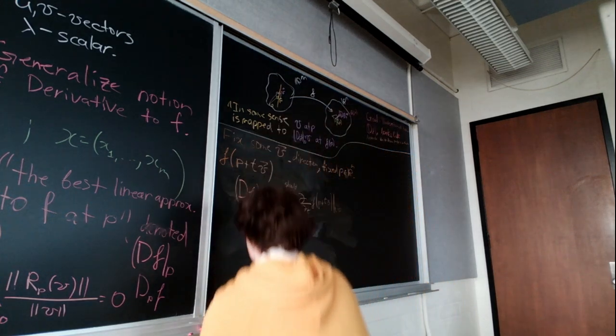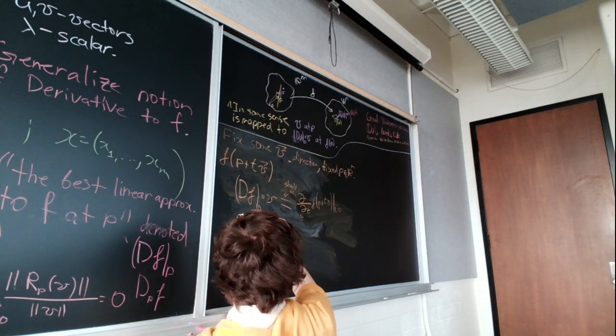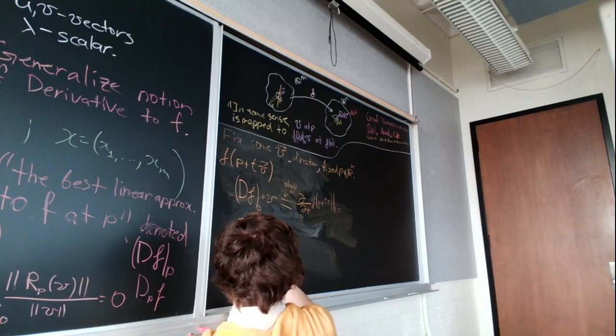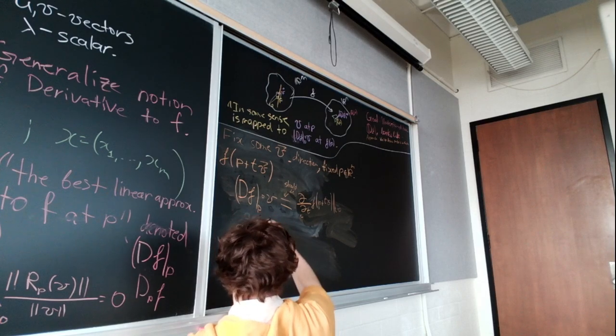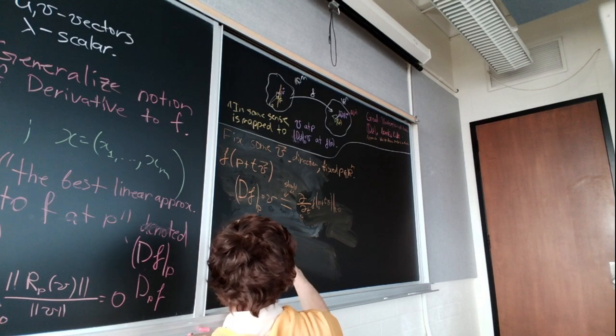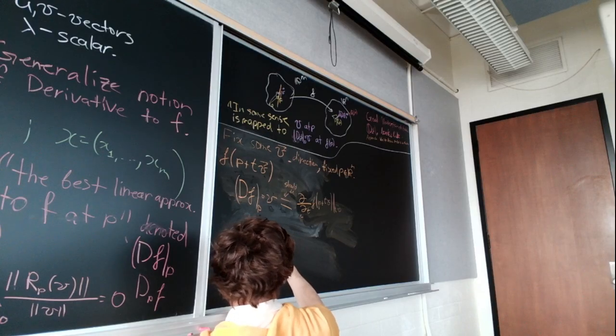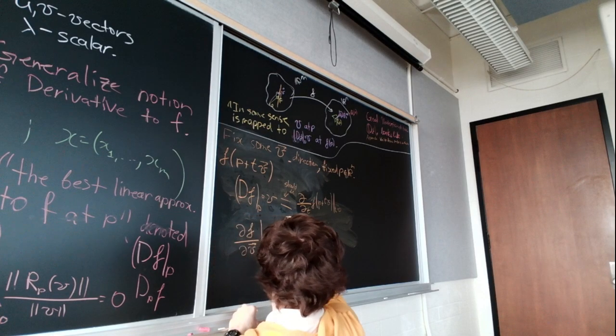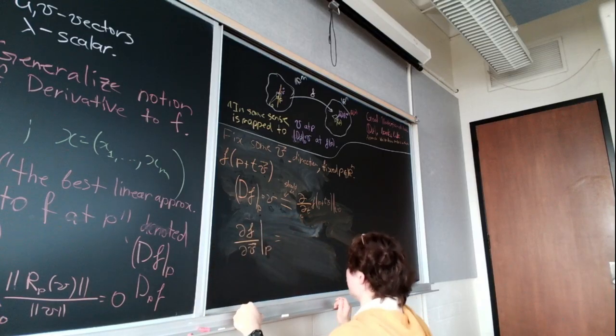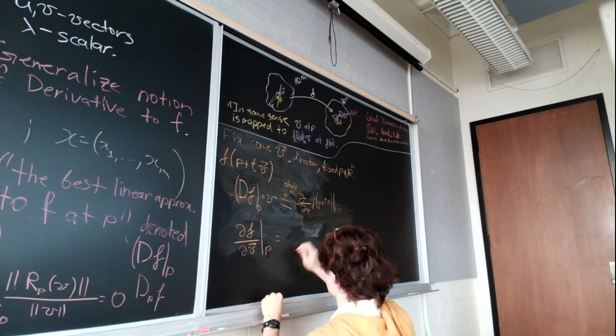So now I'm going to introduce the following notation: differentiating f by some vector v at some point p.